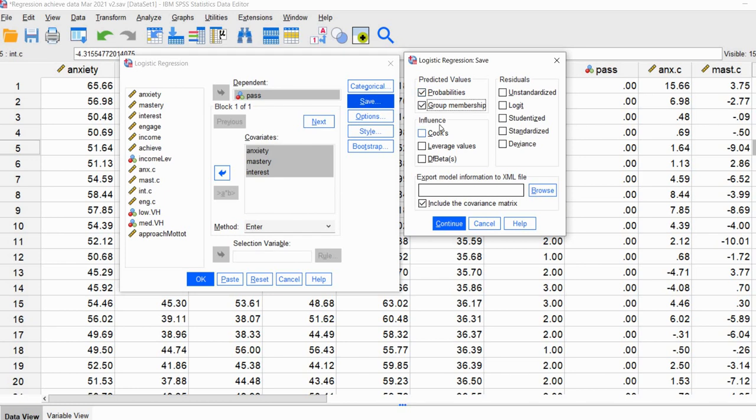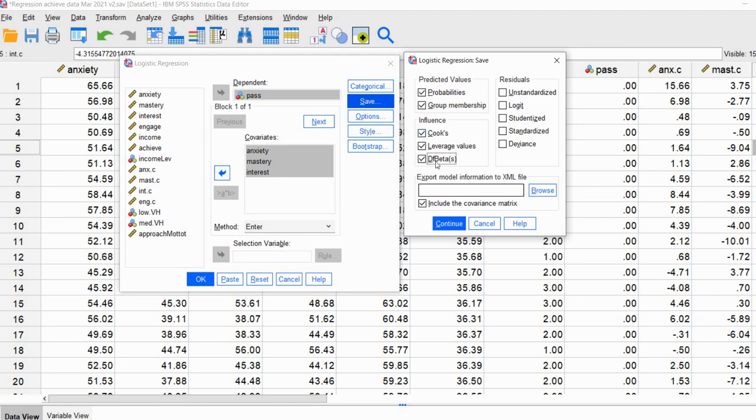Under Influence, you'll notice that we have these influence diagnostics, and these are useful for identifying cases that may be having an undue influence on the overall model. You really don't want individual cases exerting substantially greater influence than the other cases. So you can use these diagnostic measures to identify those cases.